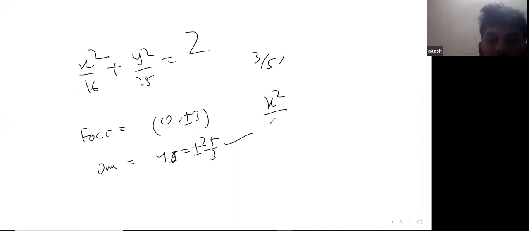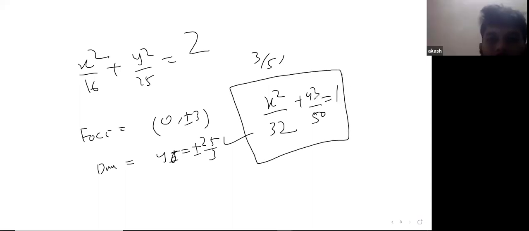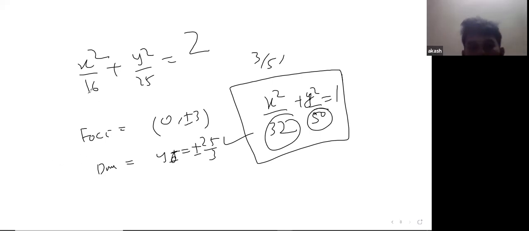This will become x square upon 32 plus y square upon 50 equals 1. Very easy. But they will not be giving you questions like this because the calculation will be very tough, right? Here you are taking square roots and getting very good answers. If you have any number on this side, just divide them.